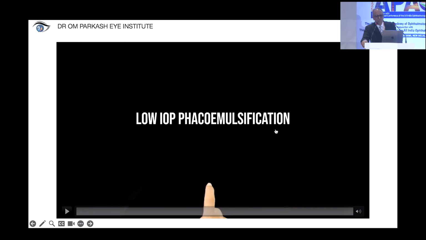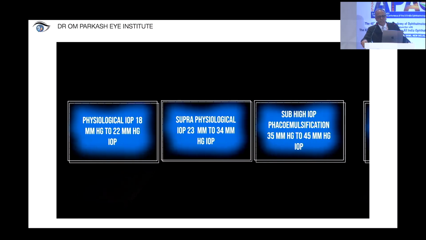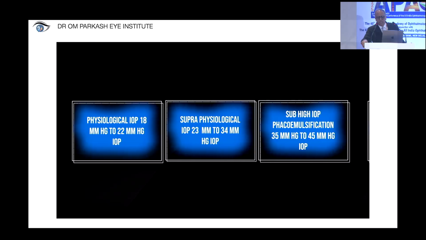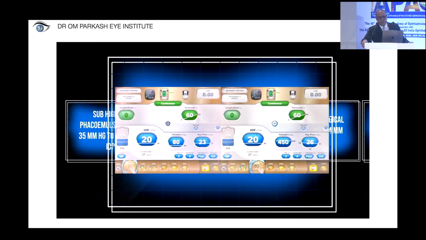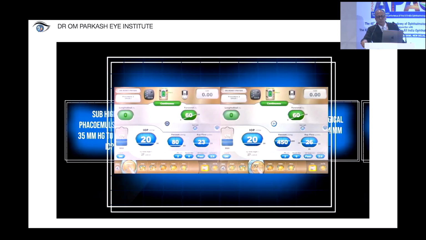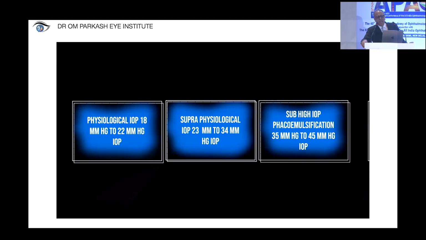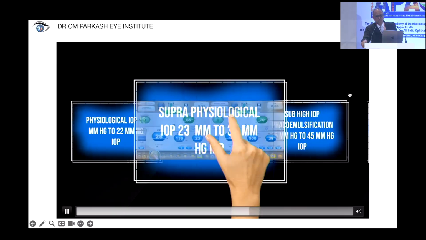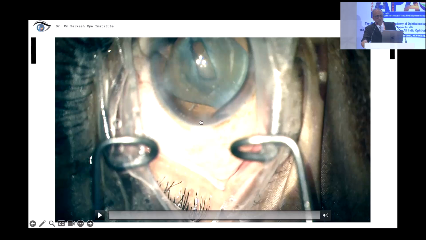I would be using the low IOP phacoemulsification as has been shown by Bob Osher and Abhay Vasavda. So I would be using IOP of around 20 or so. Max which I would be going on would be a supraphysiological, which I call IOP between 23 to 34 to my advantage.